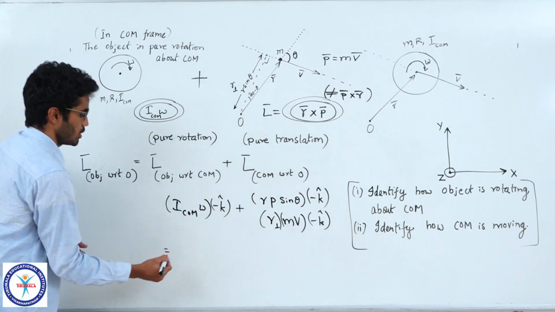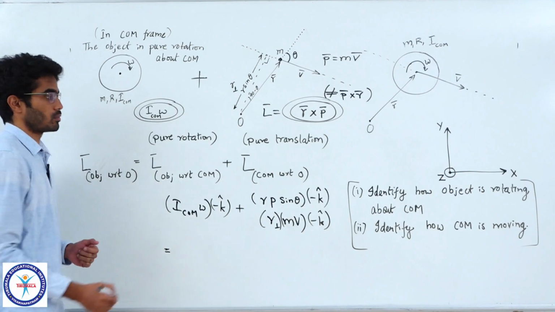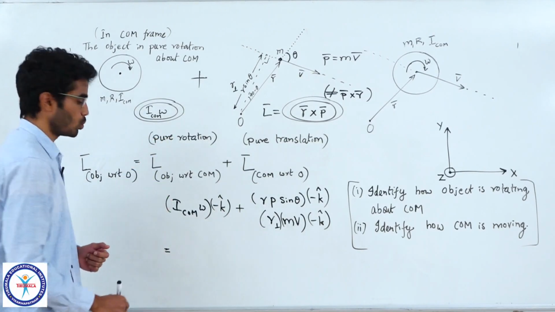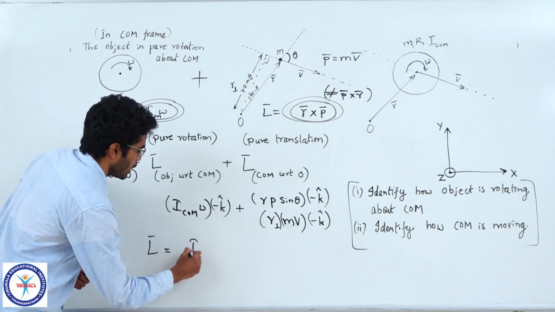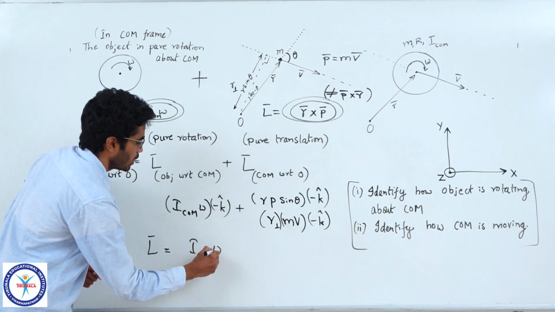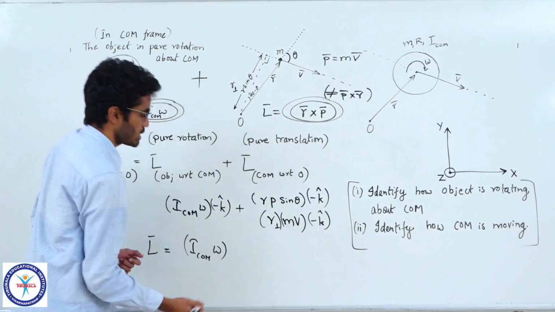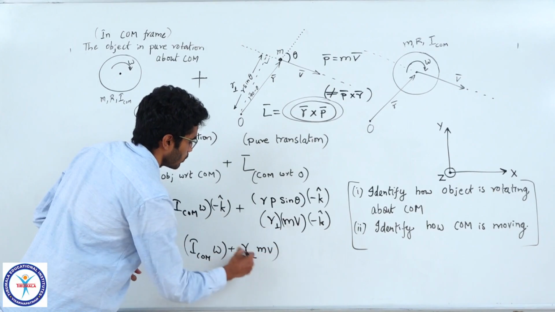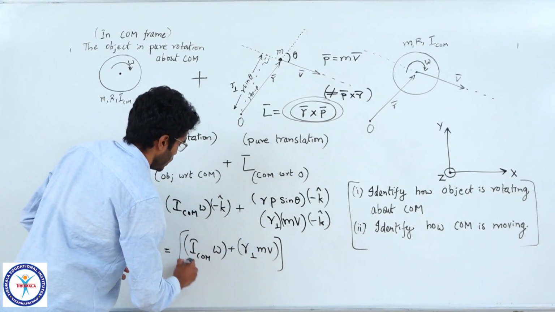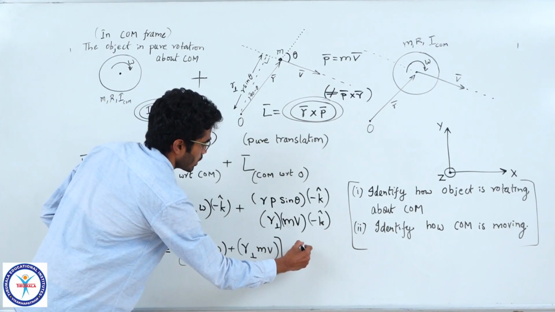This gives us the total angular momentum of the object with respect to O. So, our L is I center of mass omega, because both are minus k cap, I am just adding them, plus r perpendicular mv, in the direction minus k cap.